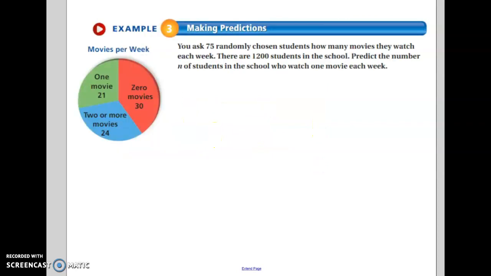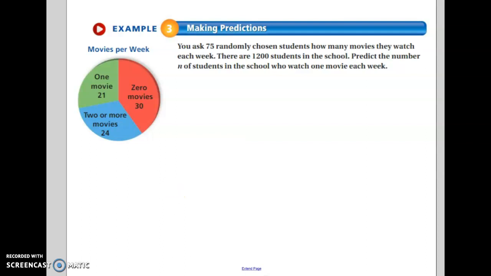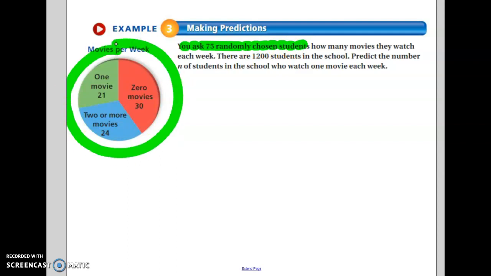Now we can use making predictions. So using populations and samples to make predictions about things. So let's say you ask 75 random students how many movies they watch each week, and here are your results.